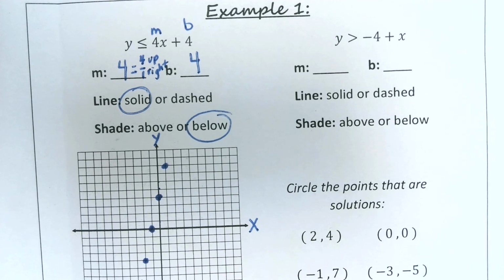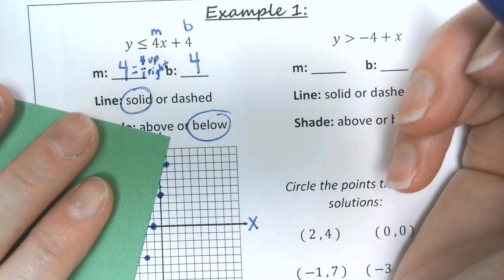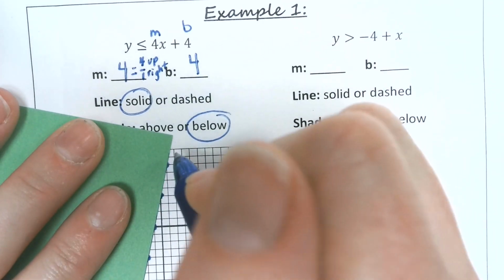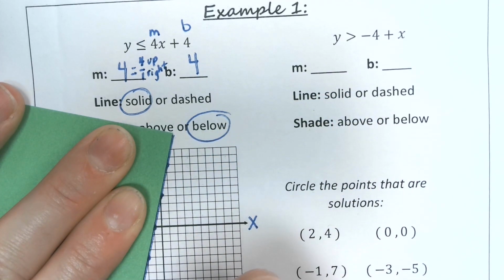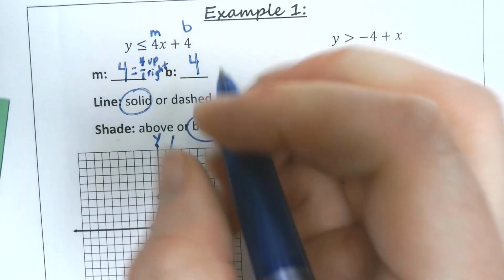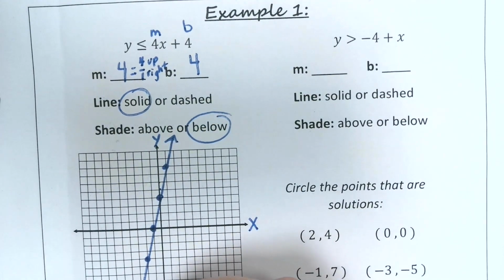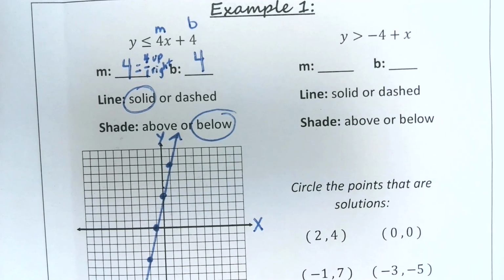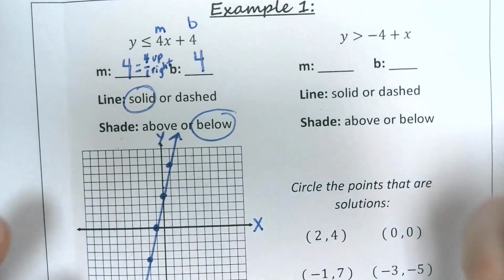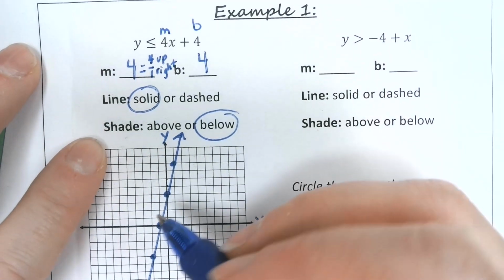Get some kind of straight edge, your journal, your calculator, or that colored paper I gave you. And you're going to draw yourself a solid line. So it says we are going to shade below.